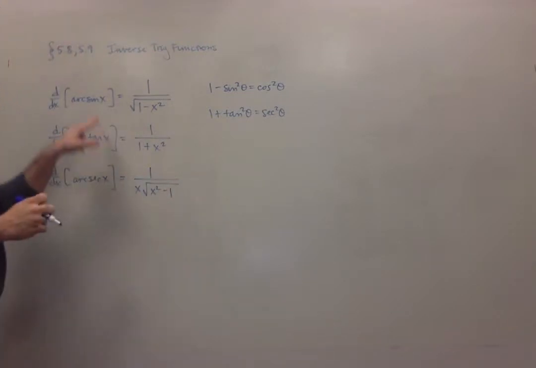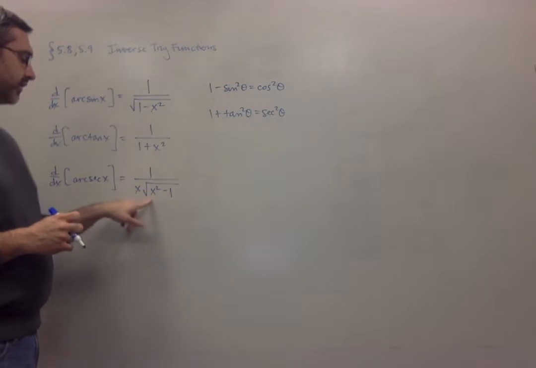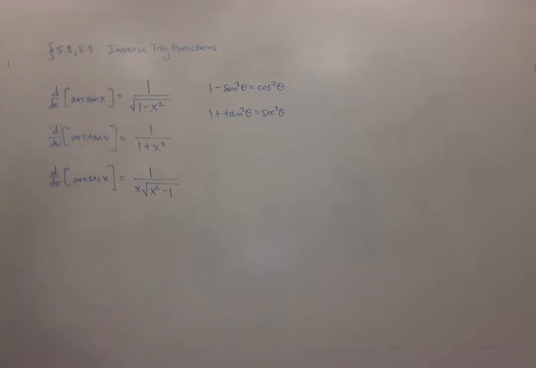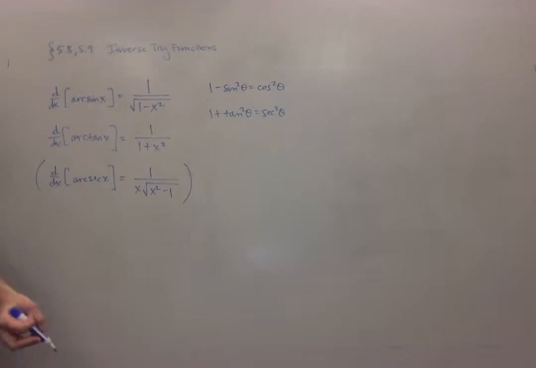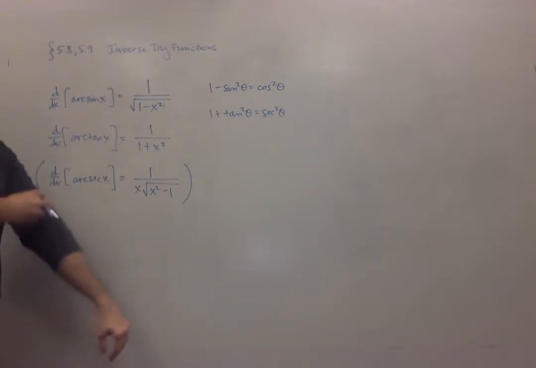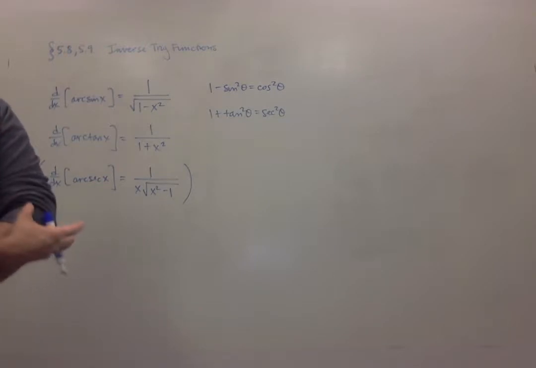But it's a little bit like arc sine, but instead of 1 minus x squared, you have x squared minus 1 under the square root, and you have an additional x down there on the bottom. So I'm going to put these in parentheses here. You do not have to have that memorized. We are going to tackle more derivatives and integrals like these when we get to sections about 7.3 and 7.4, I think.